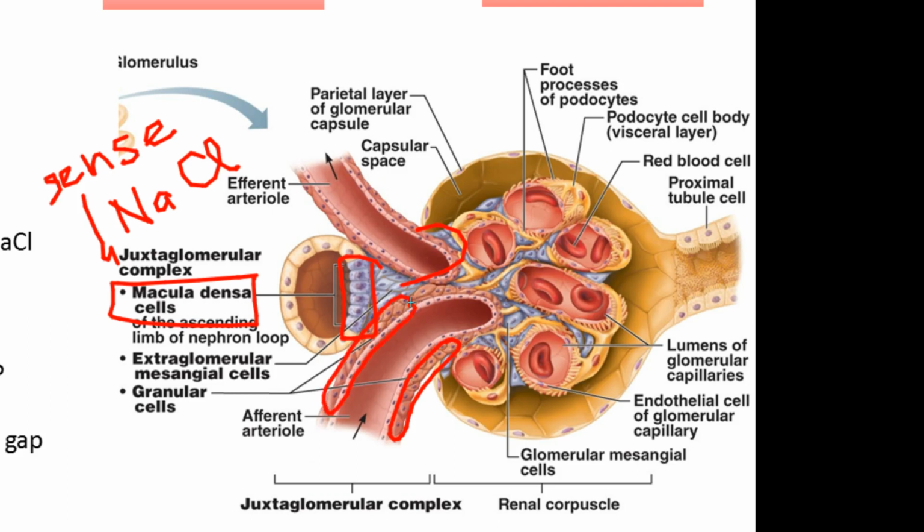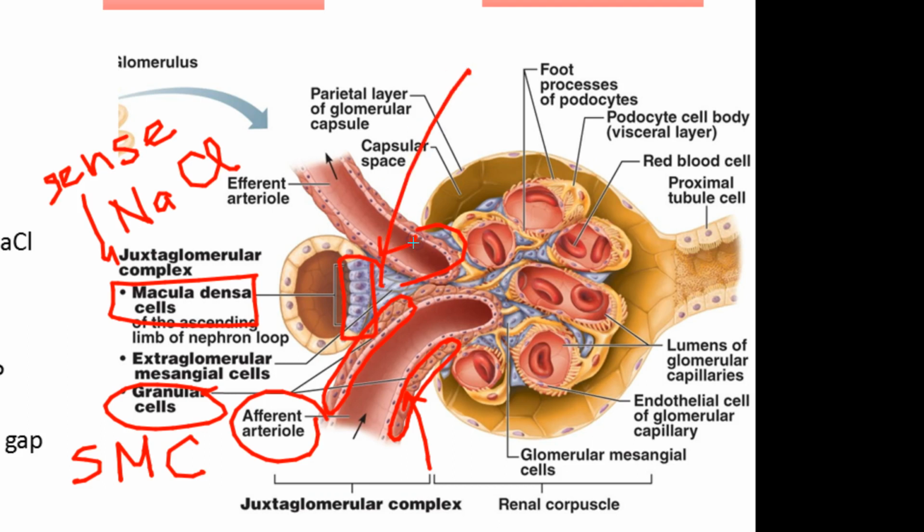Those are called granular cells. Sometimes they are also called juxtaglomerular cells. The function of these cells, in the context of what we're talking about now, is to change the diameter of afferent arteriole. They are essentially smooth muscle cells. And finally, the third ones are mesangial cells.